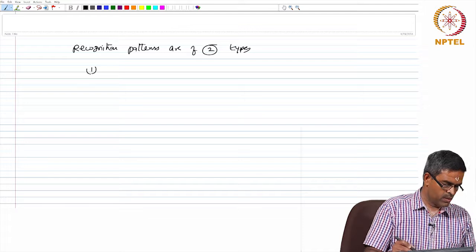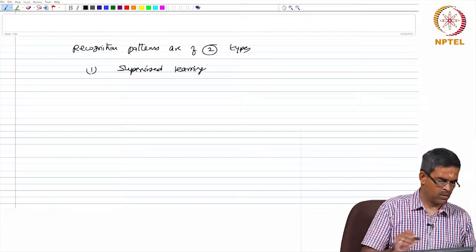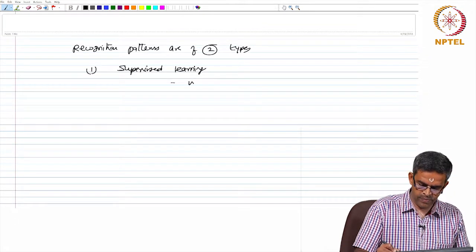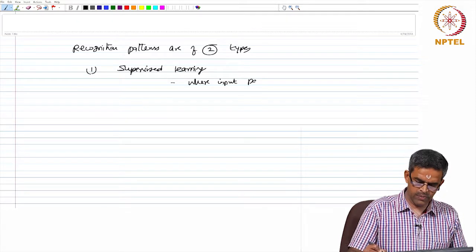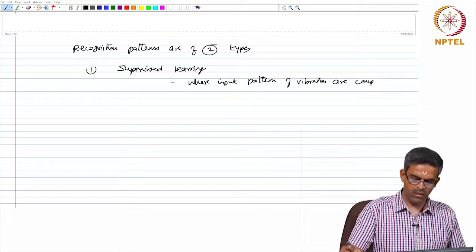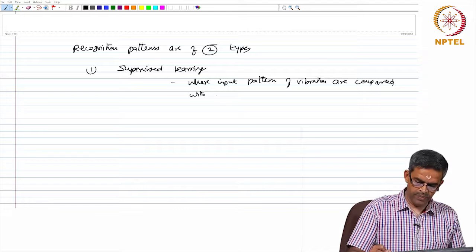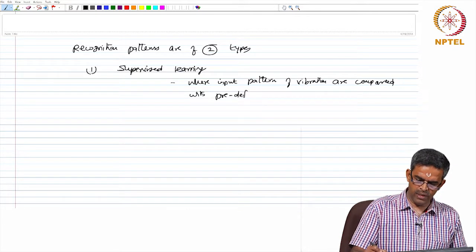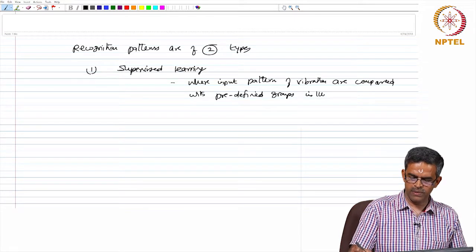Now, recognition patterns are of two types. Namely, supervised learning, which means that the input patterns of vibration are compared with predefined groups in the database.